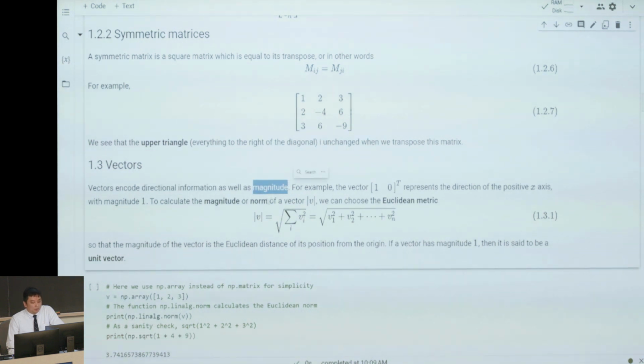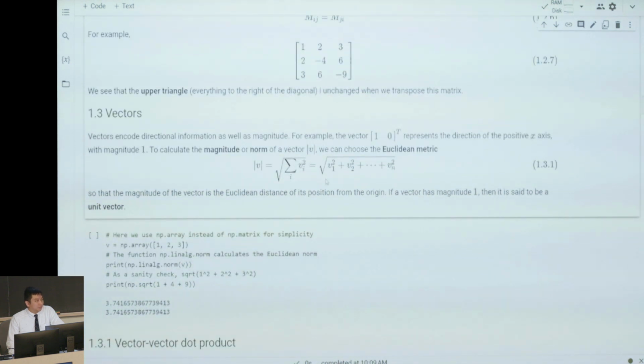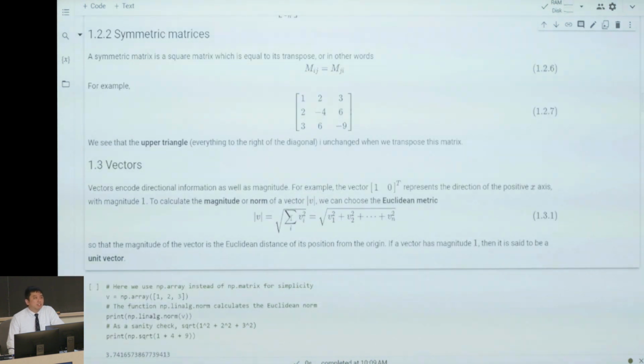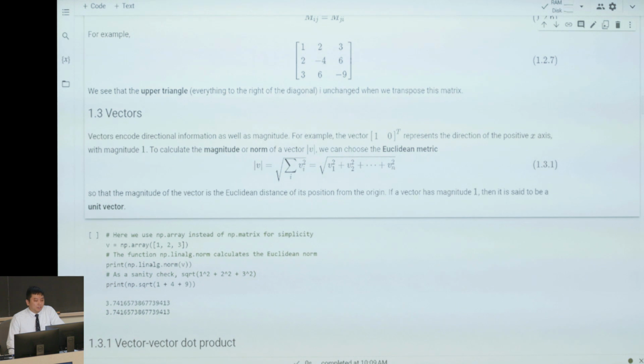The magnitude is computed as this formula here, which is called the magnitude or the norm. You use the absolute value symbol. And so this square root of the sum of the squared entries, this kind of looks like the Pythagorean theorem if you just truncate the first two. And that's kind of the motivation. And if the magnitude of the vector is 1, then we call it a unit vector.